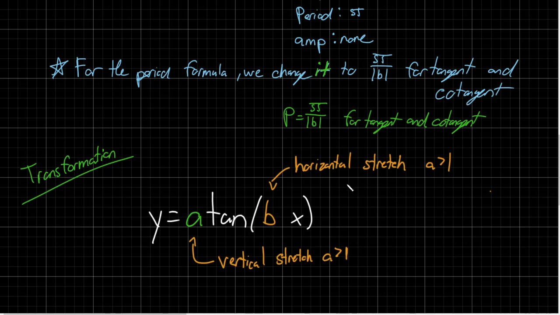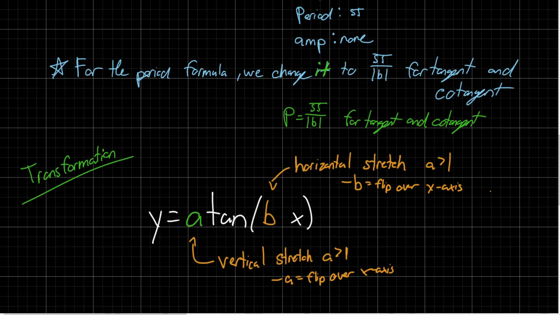And for both of them, if negative b, we flip over the x-axis. And if we have a negative a, we also flip over the x-axis. And that is the end of tangent.